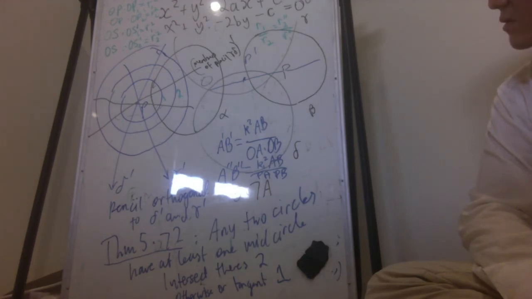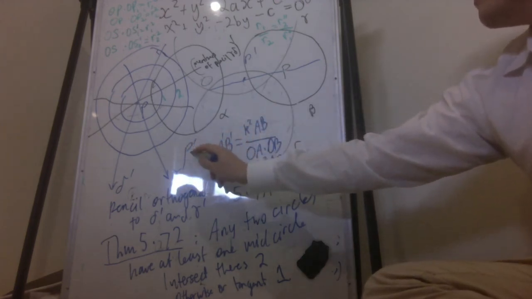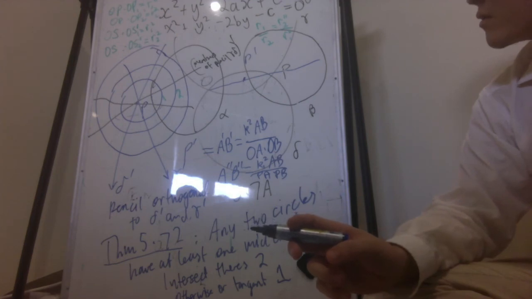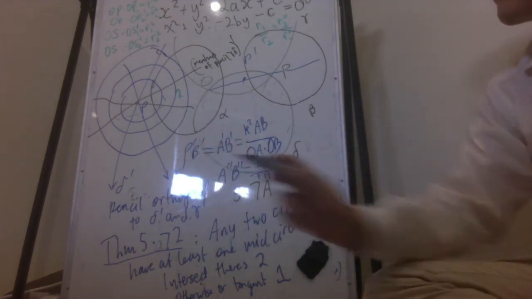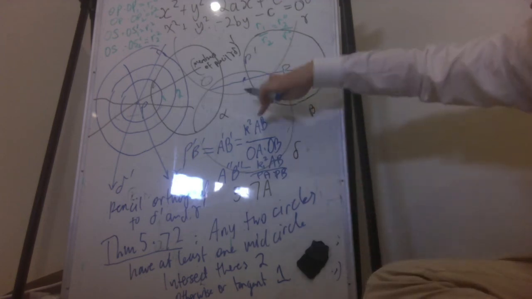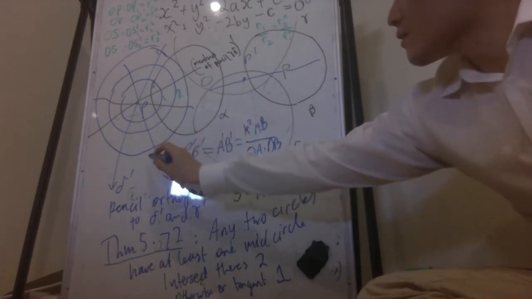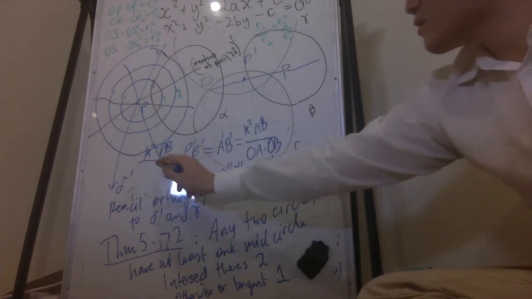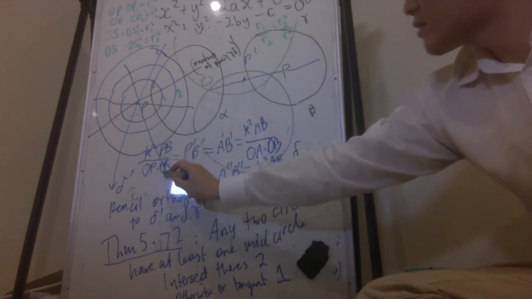So the radii here would be P prime B prime, so then that would be PA squared PB on OP OB.